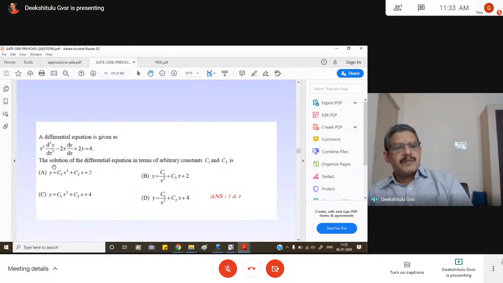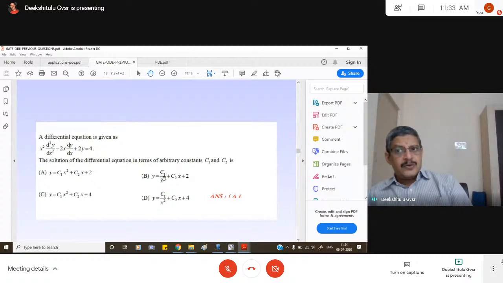The differential equation is given. Yes, so again this is a Cauchy equation. I told you at the end you have to substitute again t is equal to log x, otherwise you will go wrong. So this is a Cauchy differential equation. This can be converted into a differential equation with constant coefficients by taking t is equal to log x, or x is equal to e power t.